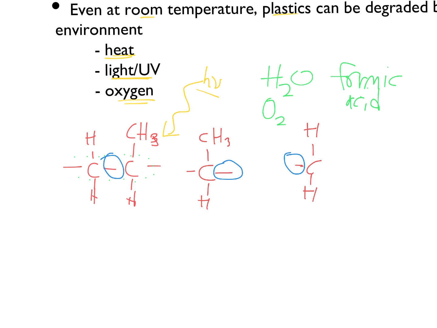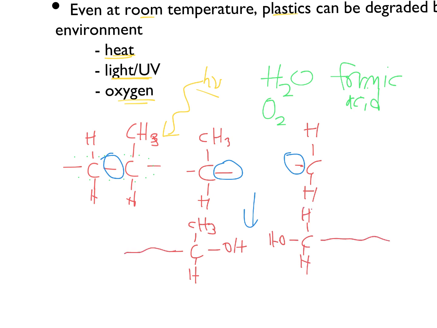And so one example of where this could go, especially if it's water, which is a likely thing to happen, is you start forming OH bonds. All right, so what we've done is we've taken polypropylene, we've broken it, we've added OH to it.